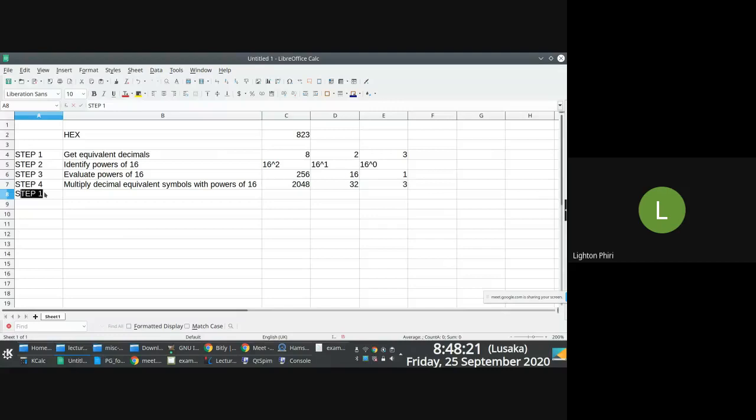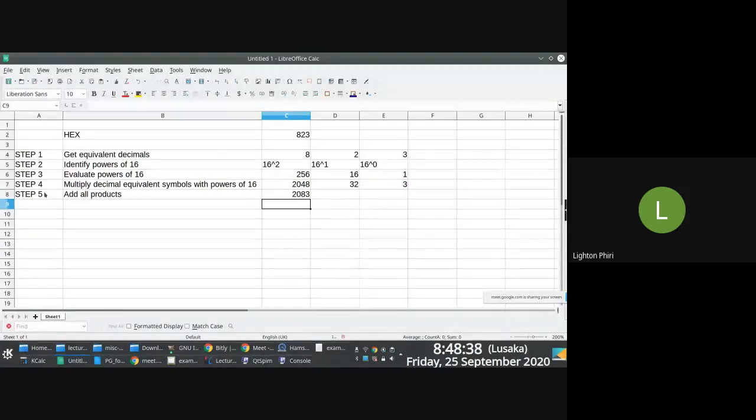And then step 5, add the products. You get the sum of products, right? Essentially you just say this plus this plus this.